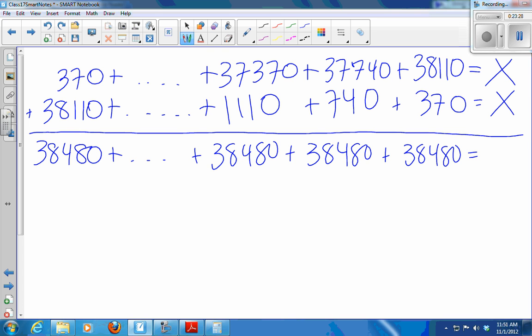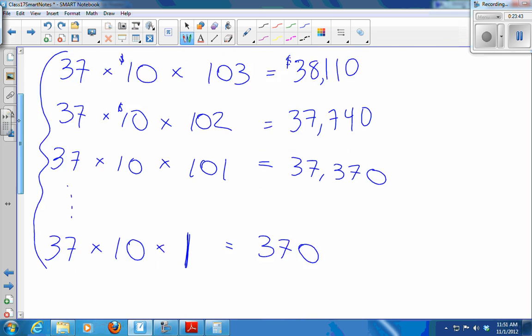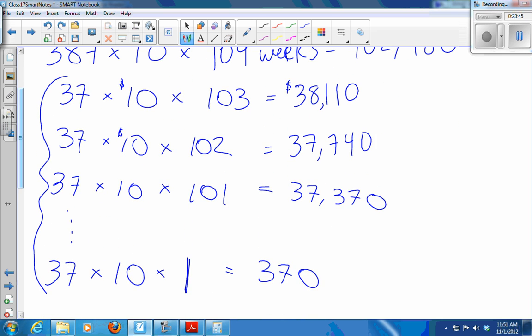And that's going to equal 2x. x plus x is 2x. So I have 38,480. How many of them do I have? How many am I adding together? 103, right? Because that's exactly why I asked you over here. How many numbers am I calculating here? It was 103 calculations.